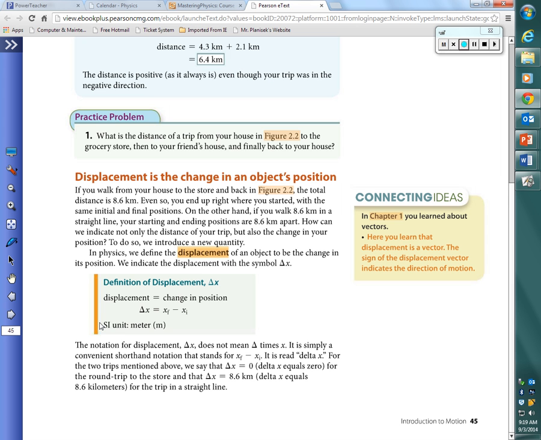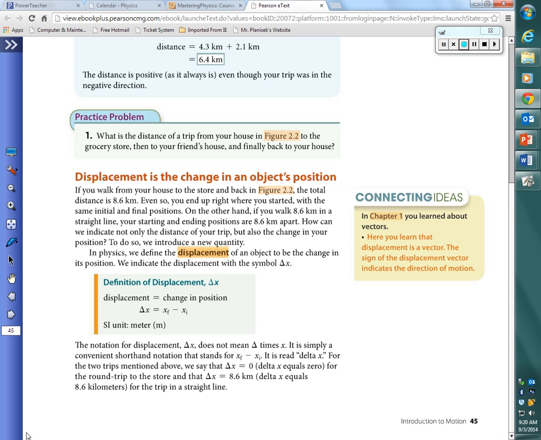We define the displacement of something as a change in its position. Delta x equals x final minus x initial. The difference between where something starts versus where something finishes. Depending on the numbers that we plug into that equation, we might end up with a positive answer and we might end up with a negative answer.